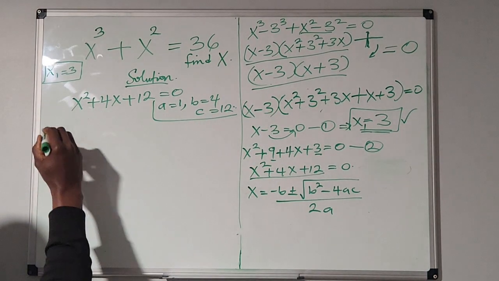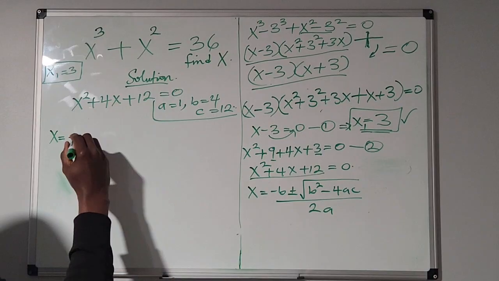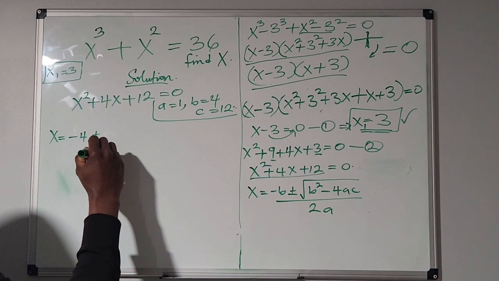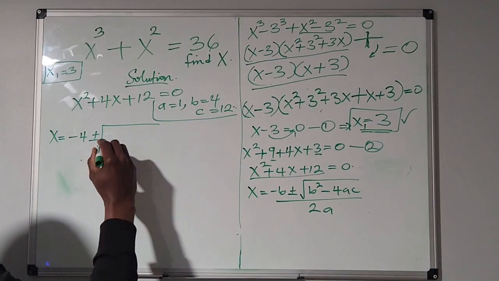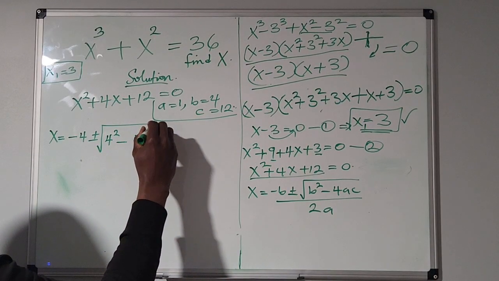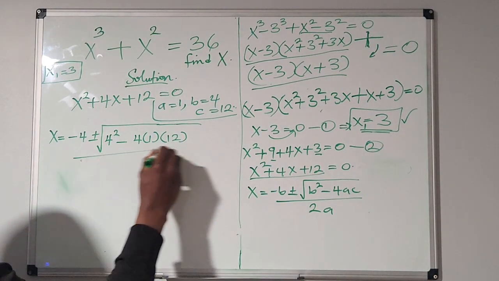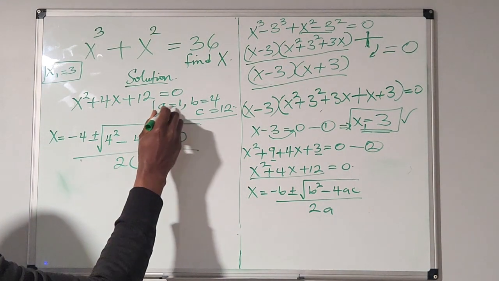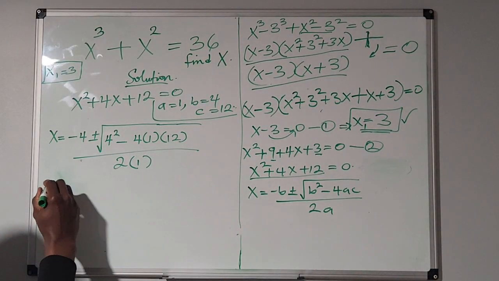Right, so x is equal to minus b, which is 4, plus or minus the square root of b squared. So that's 4 squared minus 4ac, divided by 2a.